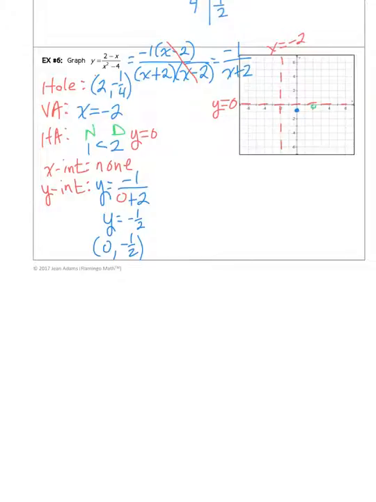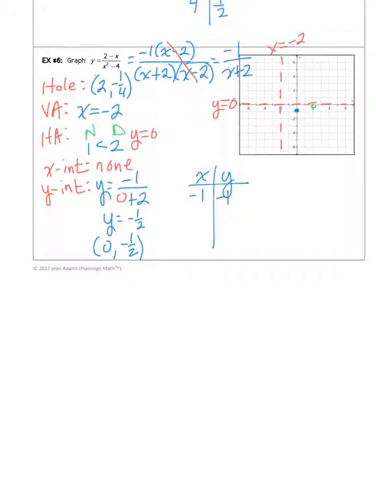Then I just need to choose some x and y values to plug in to give more shape to my graph. I'd like to find out how close I am here, so I'm going to plug in negative 1 and see what that gives me. Negative 1 plus 2 is positive 1. Negative 1 over positive 1 is negative 1.